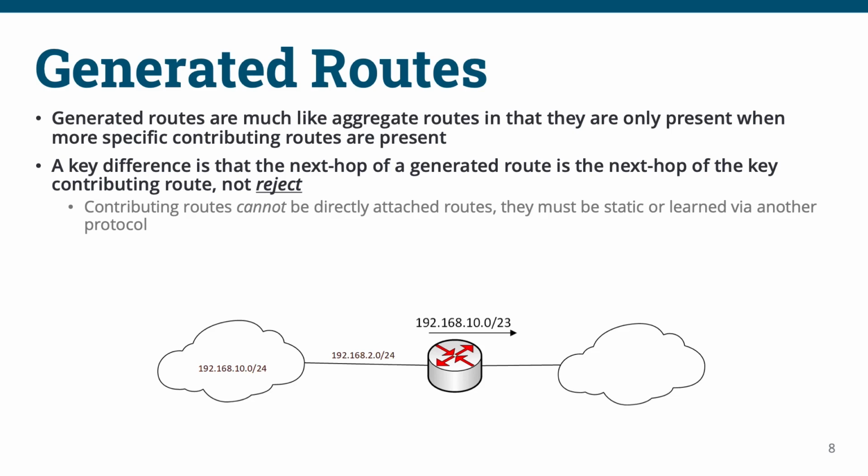Contributing routes for a generated route must either be learned from a dynamic routing protocol or be configured as static routes. So let's see how we can configure a generated route and what it looks like in the routing table.